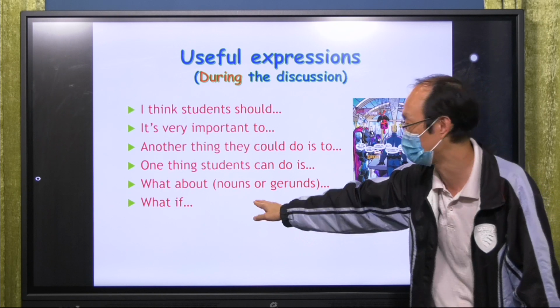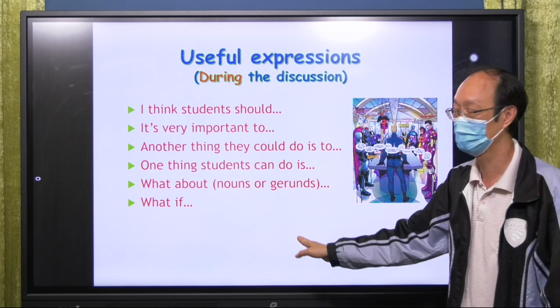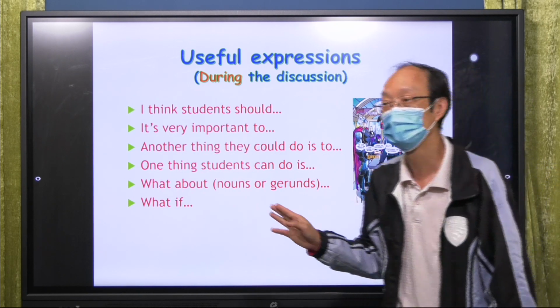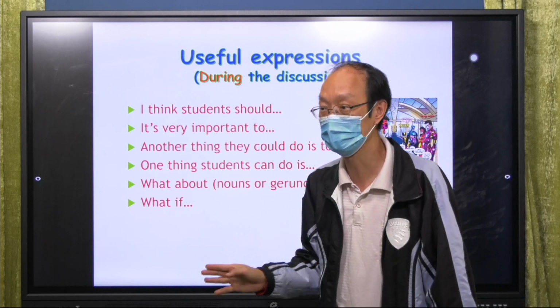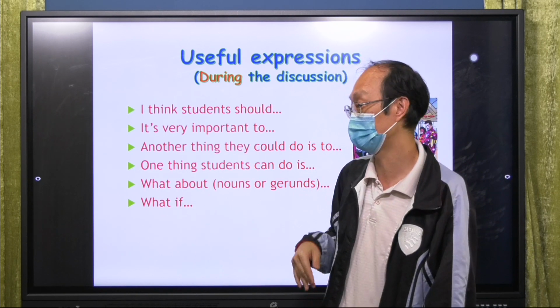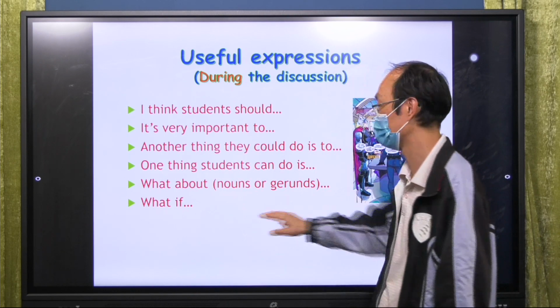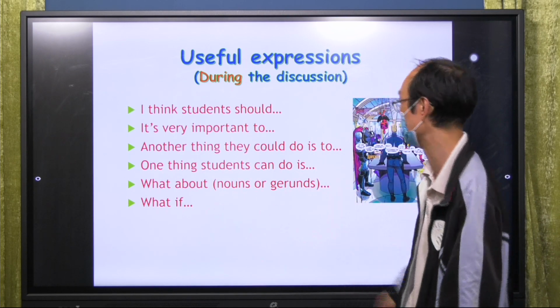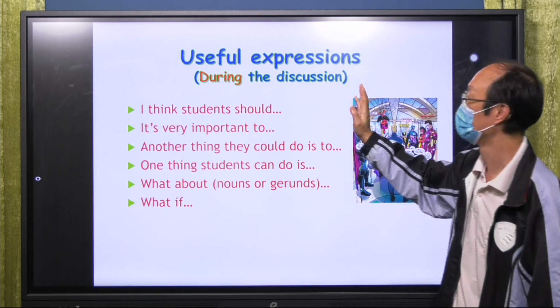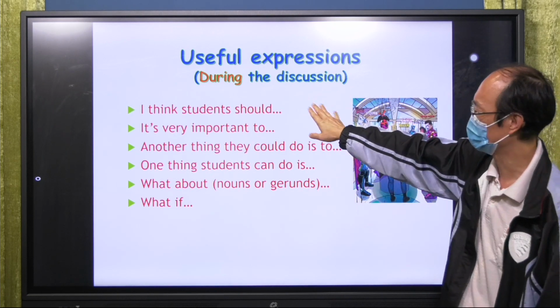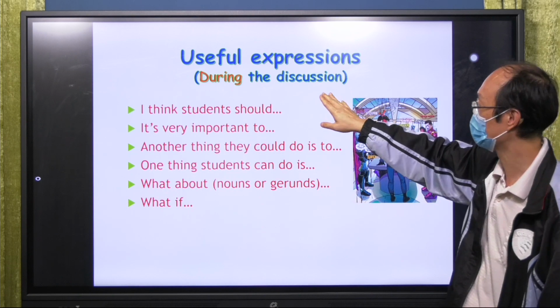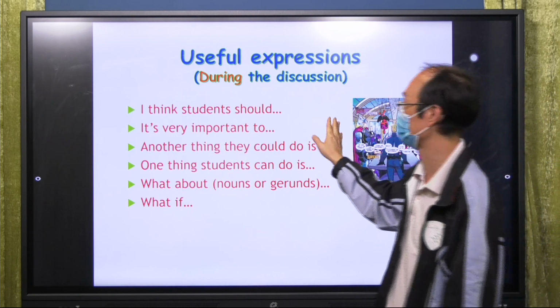Remember to use 'what if': what if they forgot to bring their mask or their textbook? What if they forgot to do something? You can write a sentence here. These are the expressions we use during the discussion.